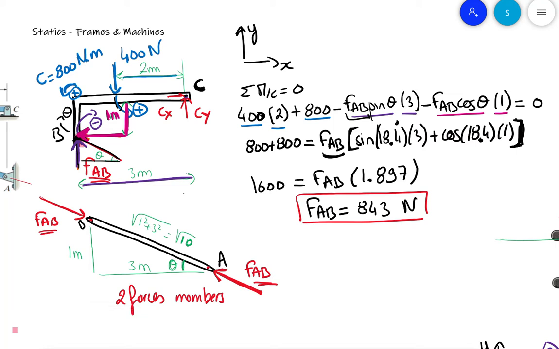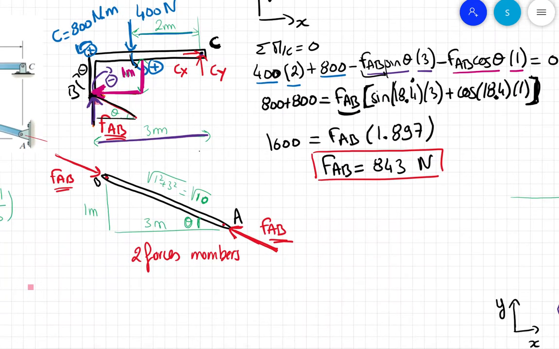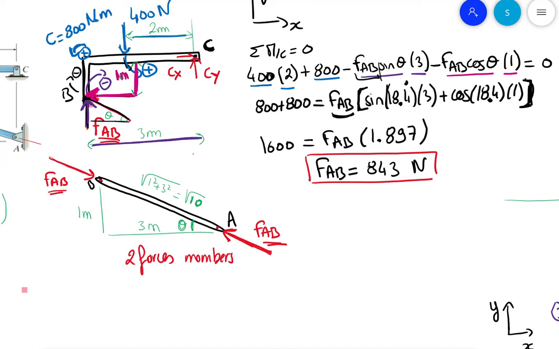Let's solve for Cx and Cy now. Let's do the sum of the forces on, which one first? On X. Sum of the forces on X is equal to 0. Let's look at this problem. Let's remove a little bit the distance. We don't need the distance anymore. So we clean this a little bit.